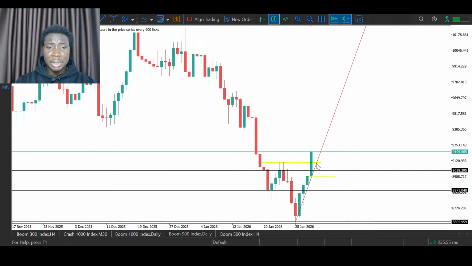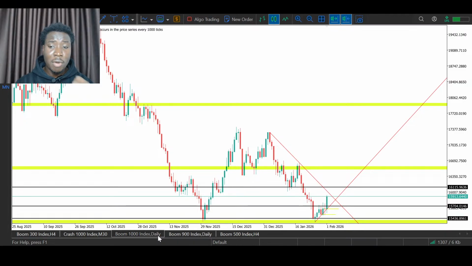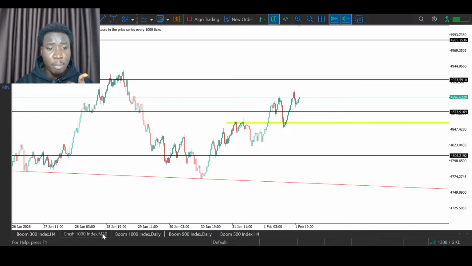The same way we trade it to the downside is the same way to the upside. But remember, the overall trend for boom 900 is downtrend currently. The overall trend for boom 1000 is downtrend. The overall trend for crash 1000 is down. But currently it's trending up.